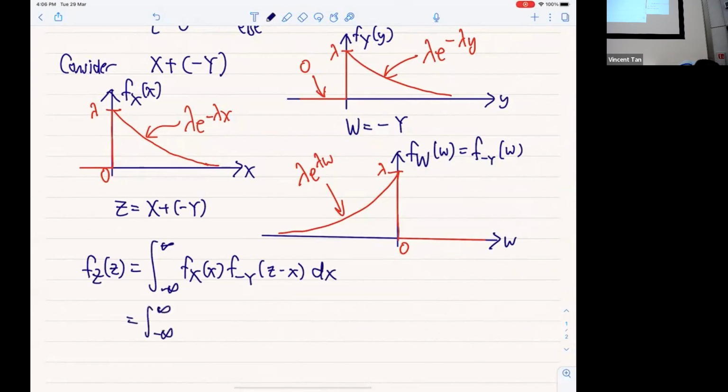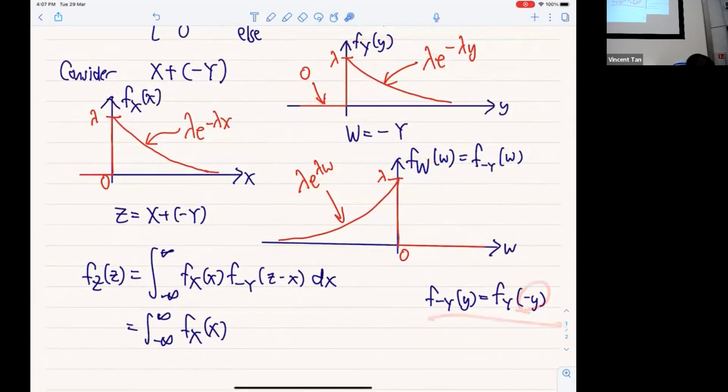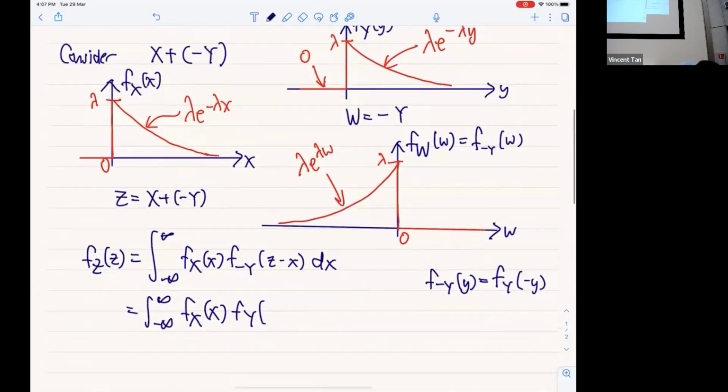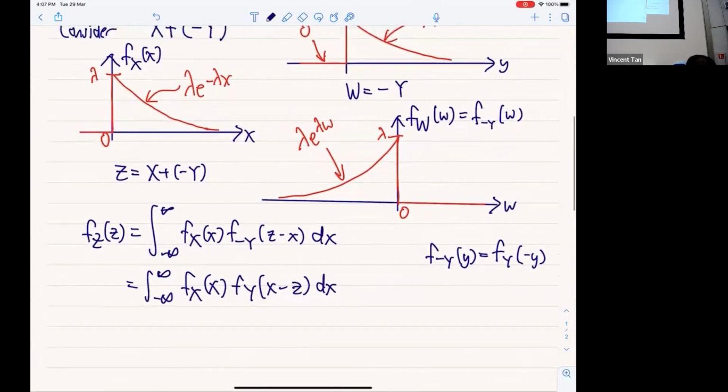Note that f_{-Y}(w), if you wish, is exactly equal to f_Y(minus w), because this is the flipped version. So you need to flip the argument when you flip the random variable. Hence, at this point, it's f_Y(x minus z) dx. This is an interesting change. Now we need to figure out what is the overlap between this and that.